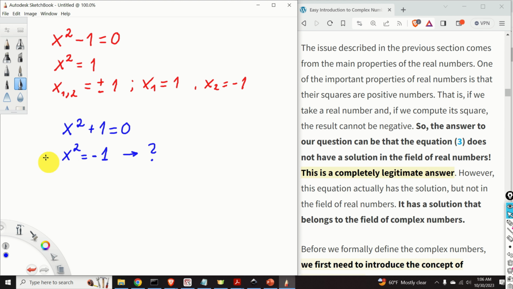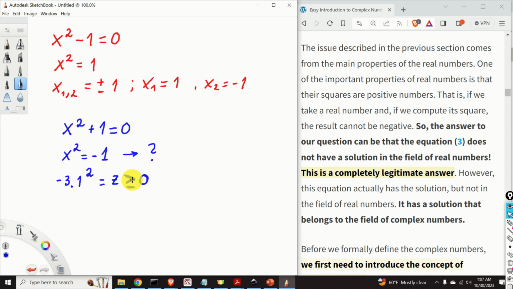So you cannot take a real number, for example, let us take minus 3.1, and if we take the square of this number, we will obtain some number, for example, z, and this number is always larger than or equal to 0. So keep in mind that this is very important.